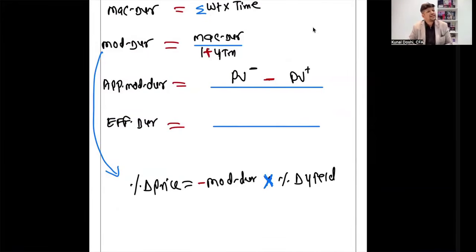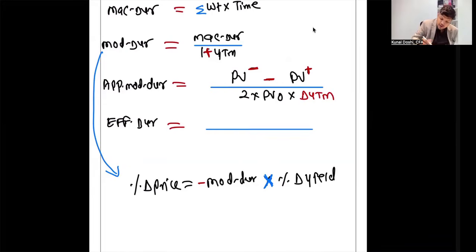Price of the bond when the yield goes down, and price of the bond when the yield goes up. And because of the convexity effect, the difference will be positive. PV minus represents yield drop, PV plus represents yield increase. Divided by what? 2 into PV0, the beginning price, into the change in YTM if it's approximate modified duration.